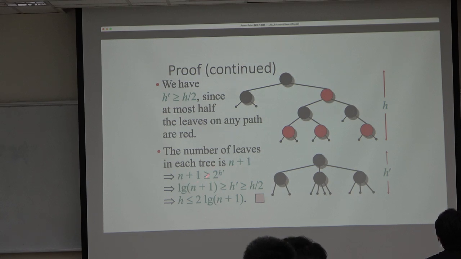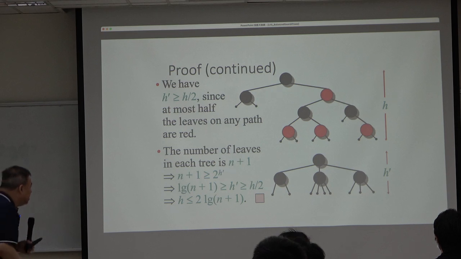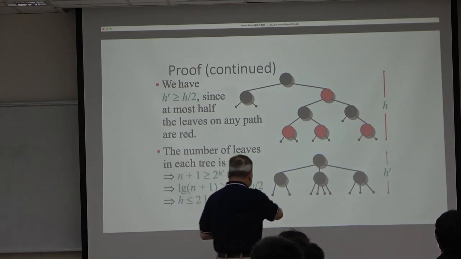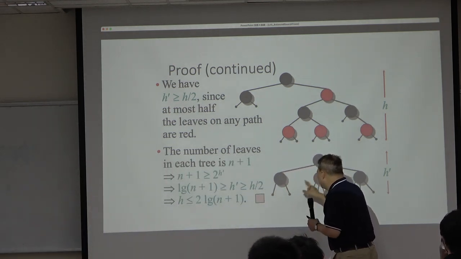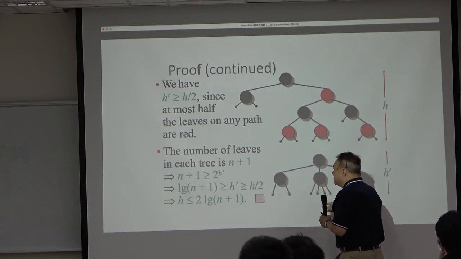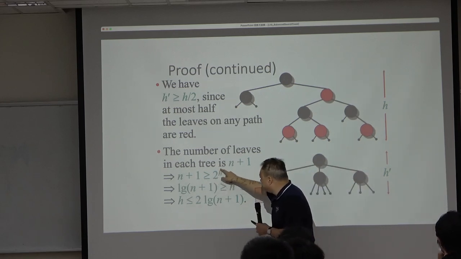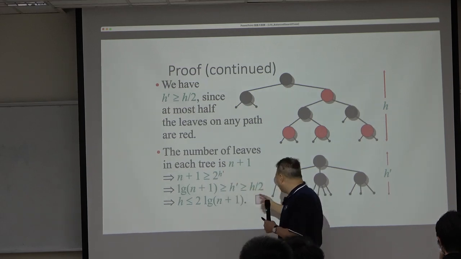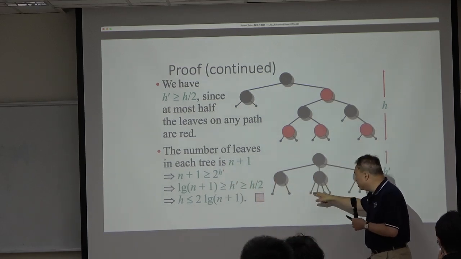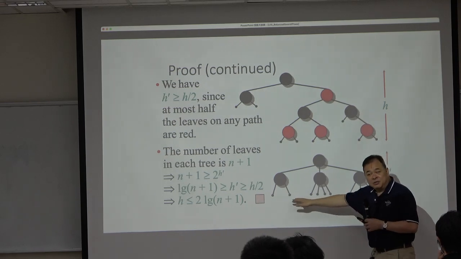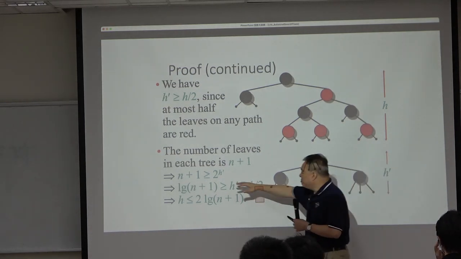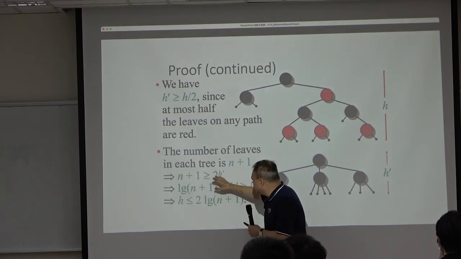And n plus 1 must be greater than or equal to 2 to the power of h prime. If each node has 2 leaves, then it's 2 to the power of h prime, but here each node may have 2 or 3 or 4 children, so n plus 1 must be greater than or equal to 2 to the power of h prime.